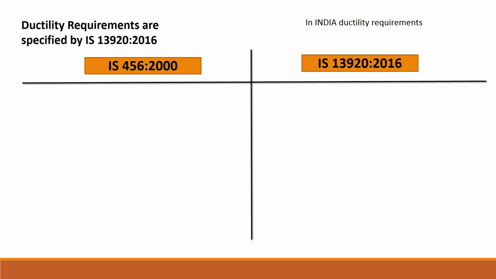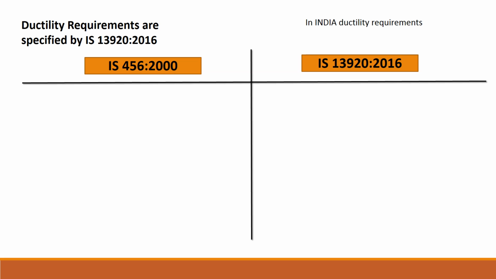If we make a comparison of IS 456 and IS 13920, what we would come to know is that IS 456, which is the design of reinforced concrete structures, is based on the strength approach, whereas IS 13920 takes into account the ductility approach in addition to the strength approach.